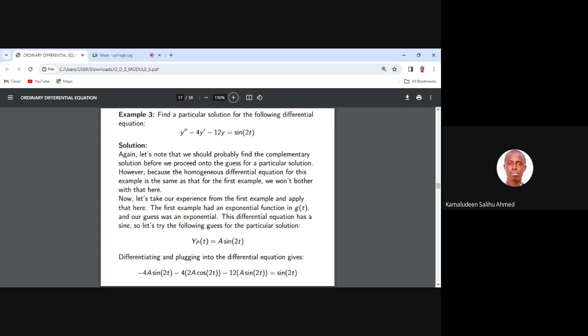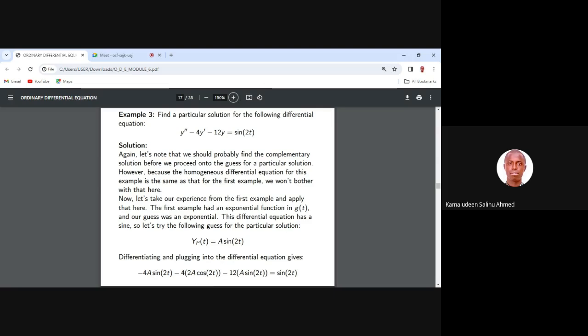We are going to differentiate it how many times? Twice, and substitute it back into this expression. So when you differentiate sine 2t twice, you have negative 4a sine 2t, because from cos it is going to go back to sine again as you are differentiating twice.